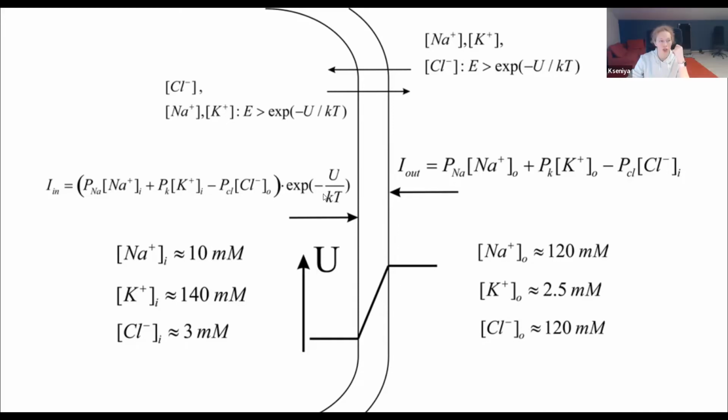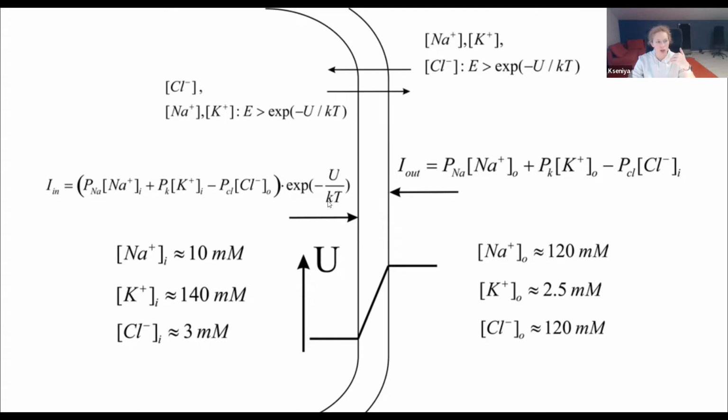The energy of the ions is connected with their temperature, according to physics. If they have high temperature, the ions have high energy, and they can go through the membrane against the field.